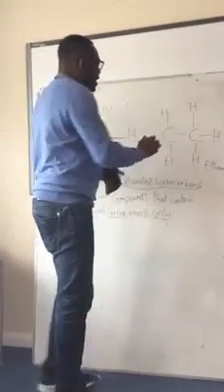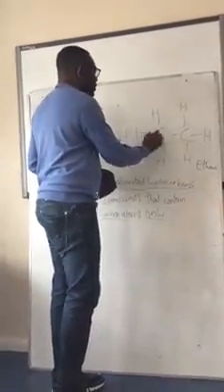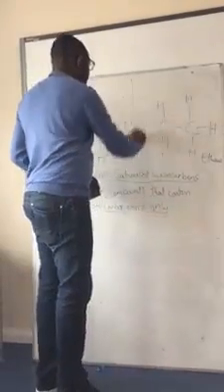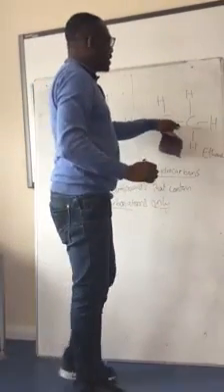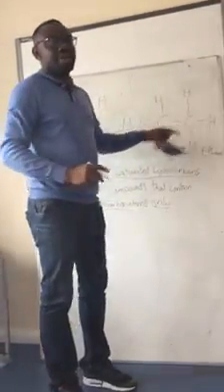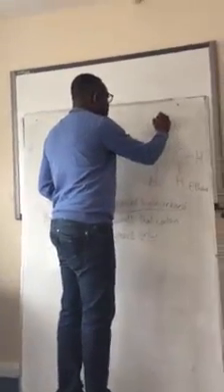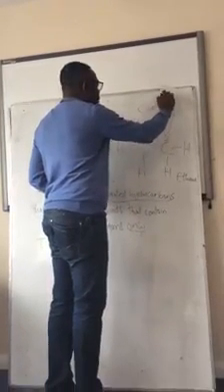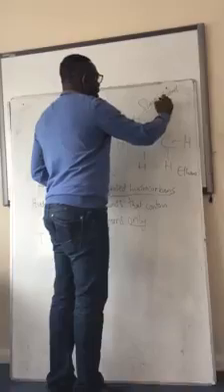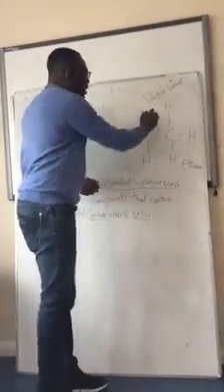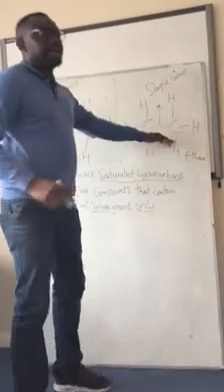Now, the reason why an alkane is called saturated is because of the single bond between the two carbon atoms. Because of the single bond, that is why it's called a saturated hydrocarbon.